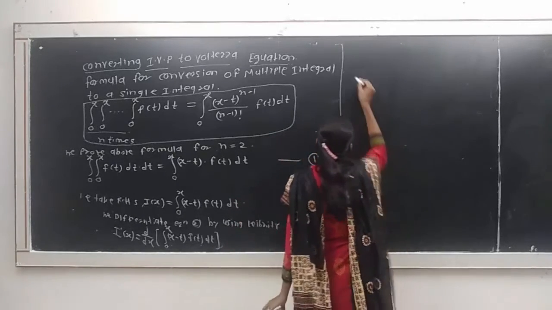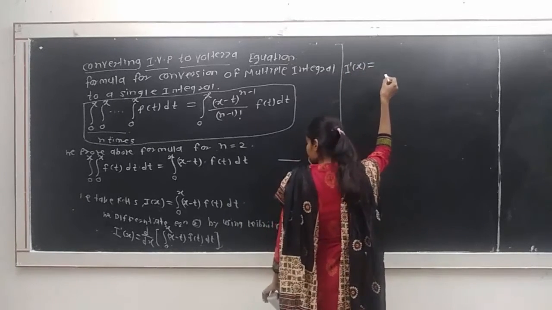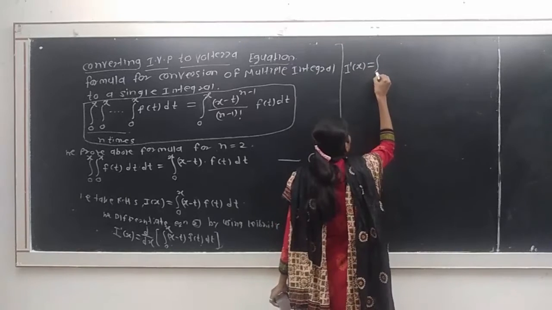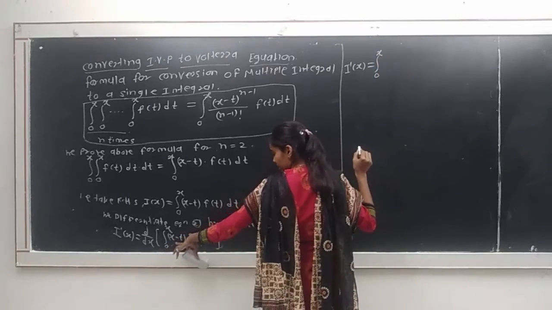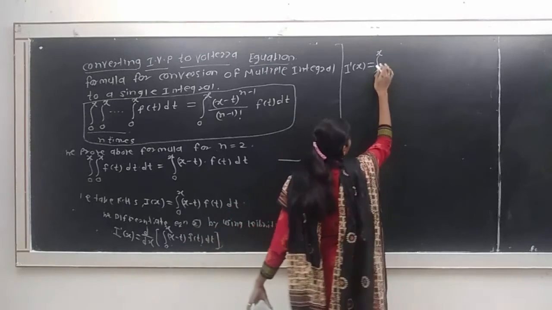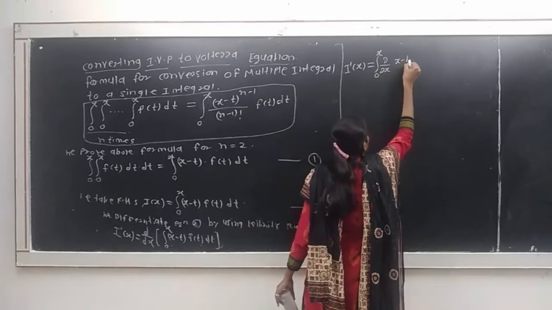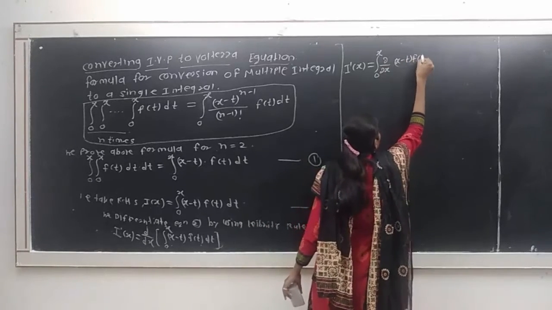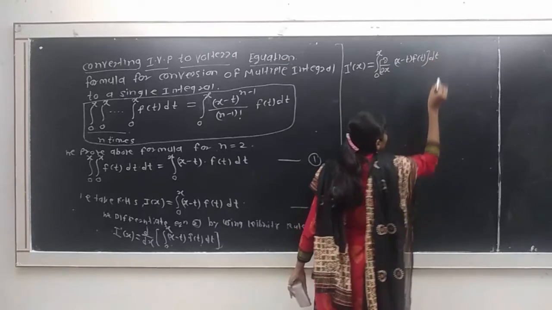Then next step is I dash of x is equal to integration from 0 to x, we partially differentiate the function (x minus t) f of t in the integration, that is, del by del x of (x minus t) into f of t into dt.